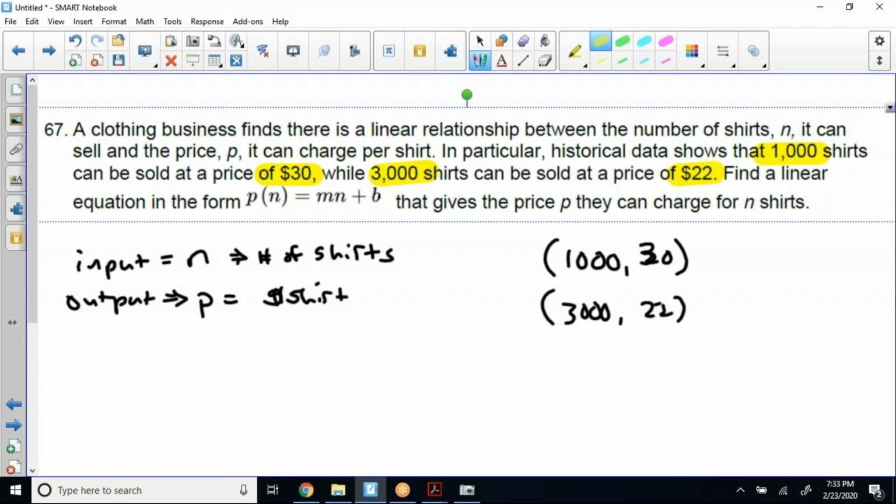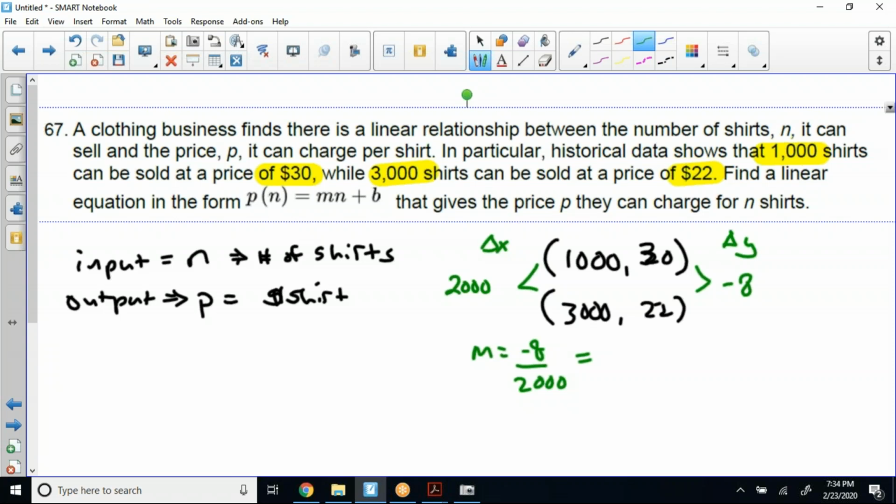From here, all you have to do is basically find slope, right? So I'm going to do slope 2 ways just in case. So 1,000 to 3,000 is an increase of 2,000. 30 to 22 is a decrease of 8, right? So if we did slope, it'd be -8 over 2,000, which is -8 divided by 2,000.